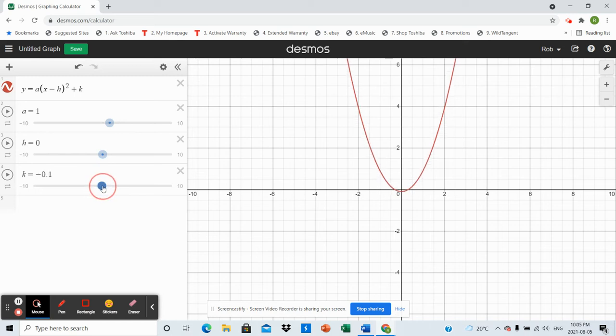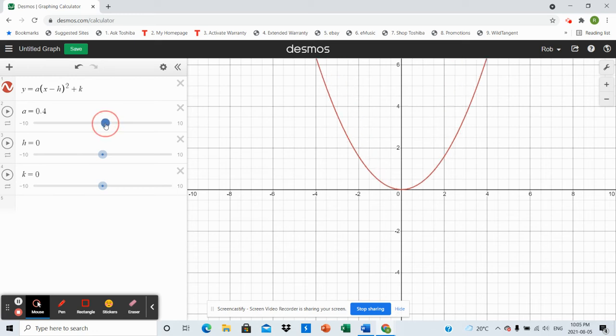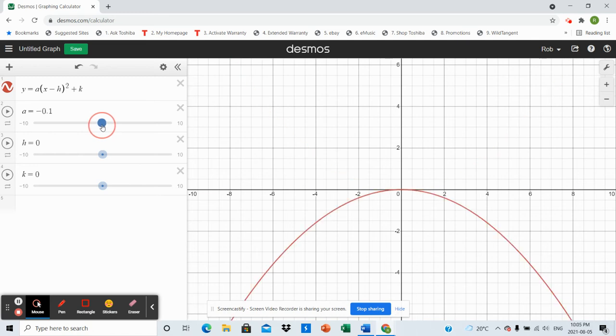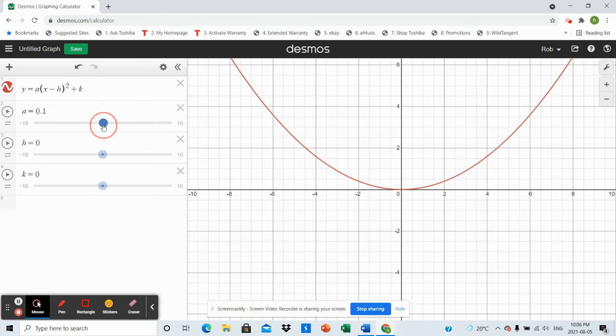A, however, does something a little different. First off, a cannot be 0. So what happens if a is 0? Well, if a is 0, we no longer have a parabola. It's just a horizontal line. So that's what happens when a is 0.